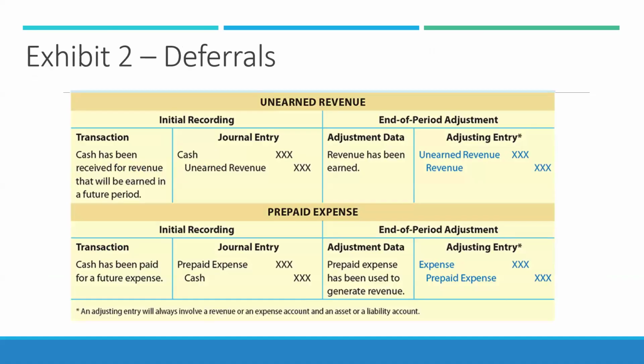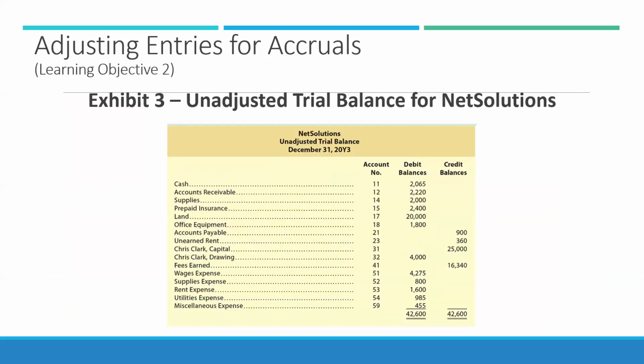For revenues, we're going to debit our unearned revenue, which means reduce that liability, and credit our revenue. Or for a prepaid expense, we're going to debit our expense and credit our asset, the prepaid expense. Those are the adjusting entries we're talking about.